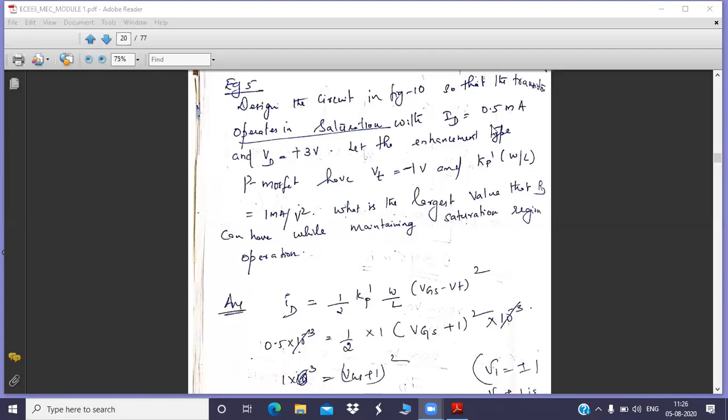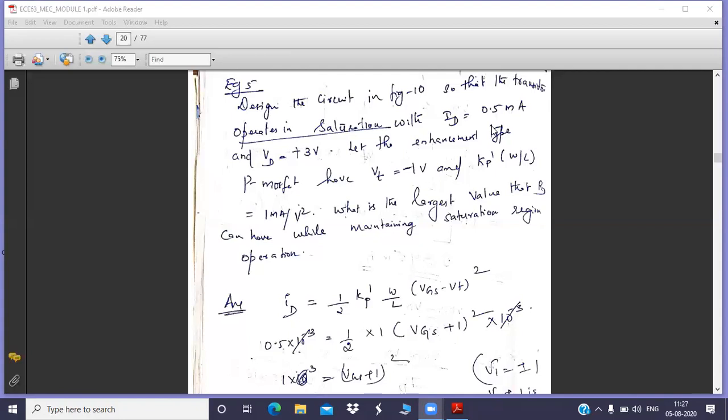We have certain applications like switching, amplification, logic, digital memory, like so many applications we discussed in the introductory class. With respect to those applications, we need to bias this MOSFET in a particular region. So for that only we are going to design the circuit.